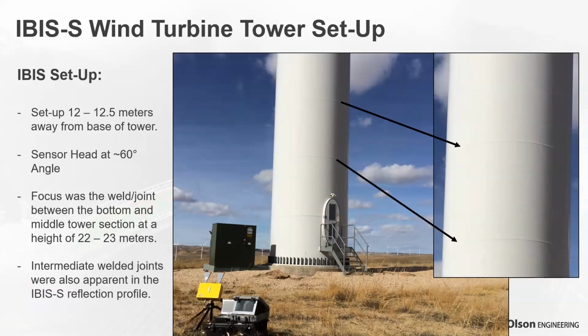But there's also additional weld joints throughout the tower at intervals, as you can see there in the photograph. And each of those weld joints actually is a good reflection point, and so we get data from each of those joints.